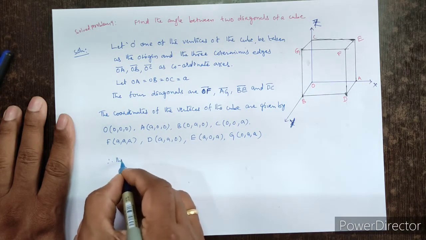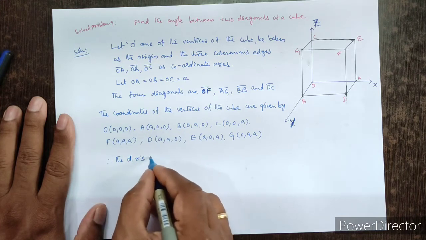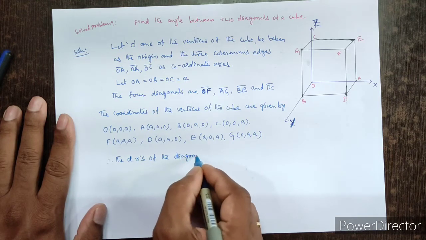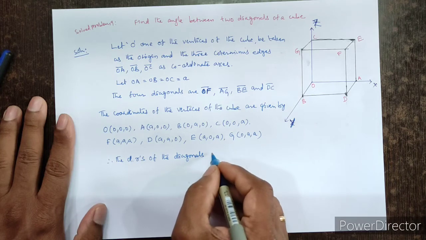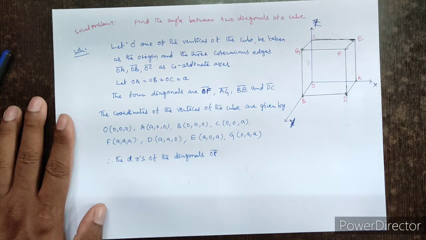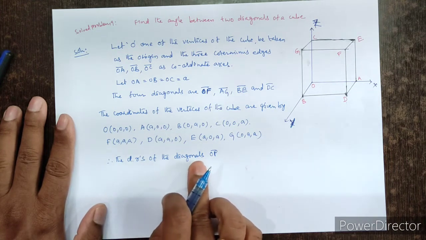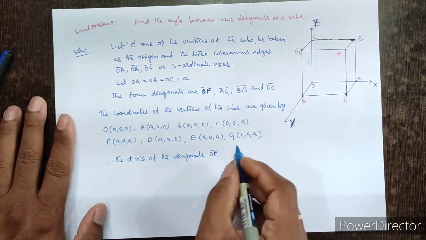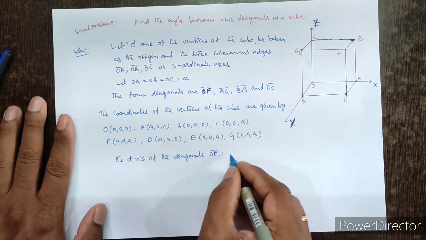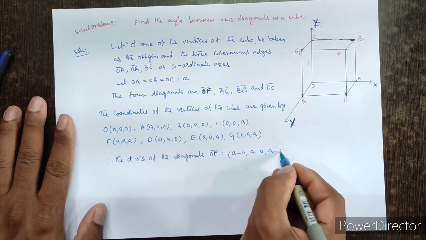Therefore the direction ratios of the diagonal OF, which is one of the diagonals, are a minus 0, a minus 0, a minus 0.